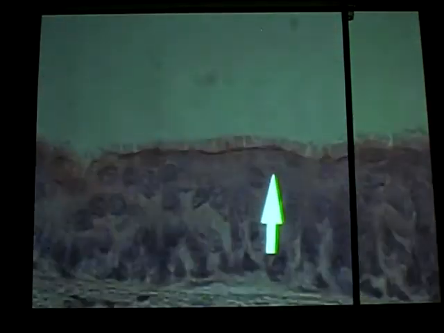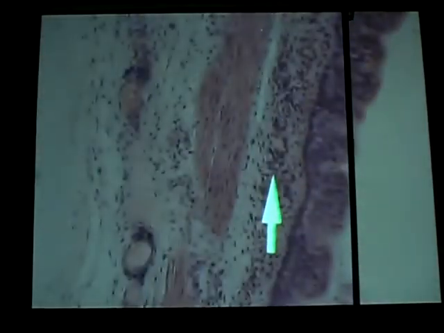So you have your pseudostratified epithelium, and again in your submucosa you're going to have some small serous glands present as well. We have our pseudostratified epithelium, we have our cartilage.